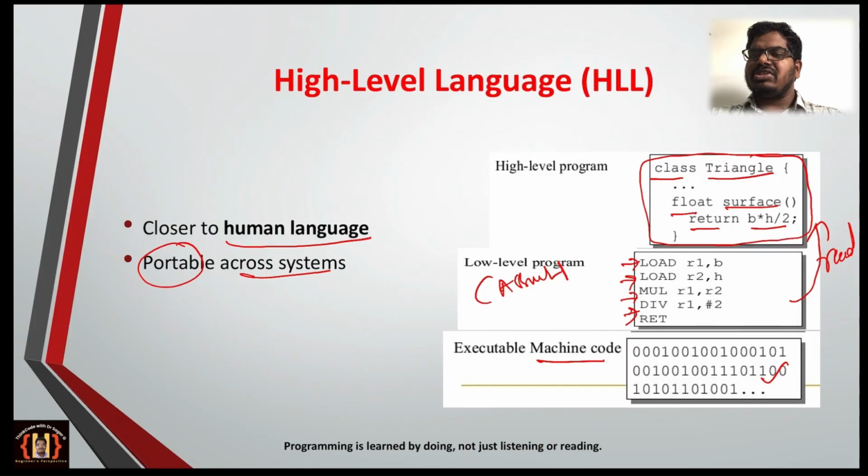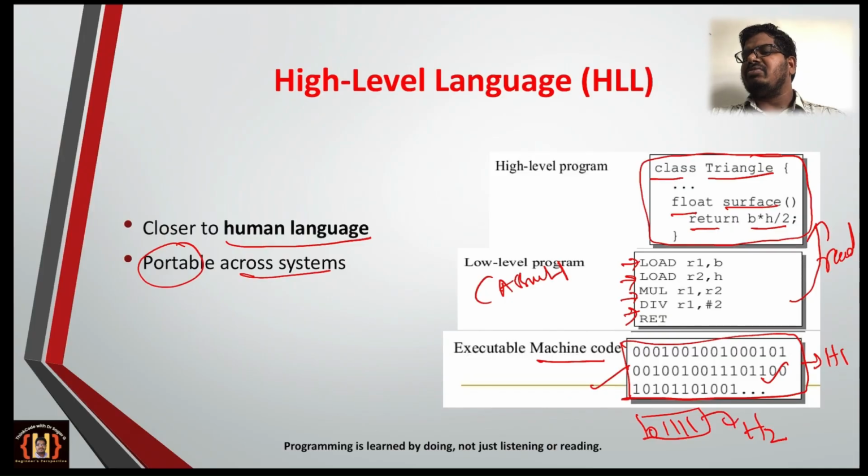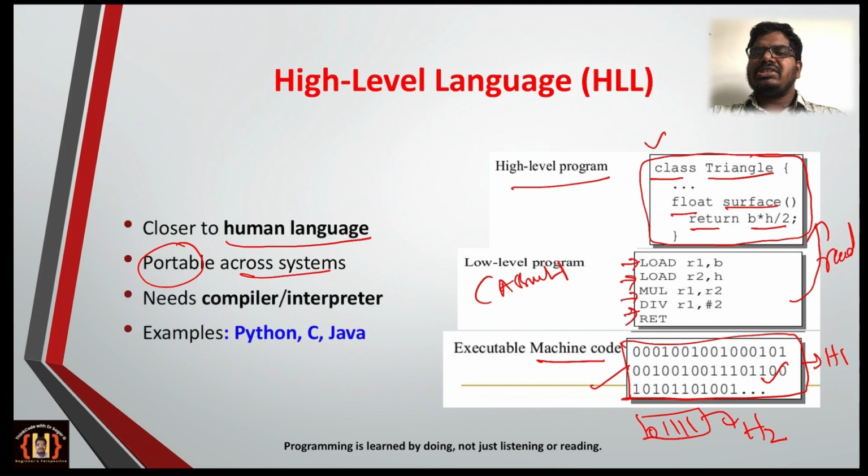With machine language, as I said, it is hardware dependent, meaning the instructions work on only one hardware. If you want to run on other hardware, you need to write different instructions. But in the high level case, whatever you write can be run on any other independent systems. This needs a compiler or interpreter, whereas earlier I said the assembly language needs an assembler.